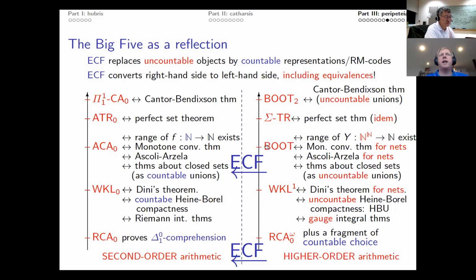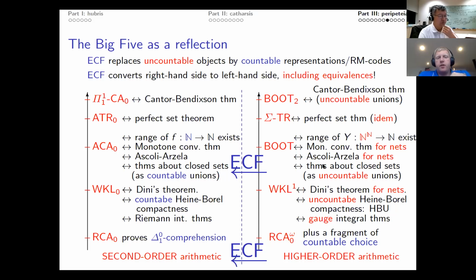And if you want to go back, you apply ECF. ECF was formulated 70 years ago by Kleene. So there is a big five, and the second order big five are only a reflection under ECF of a higher truth. That's the way it is actually.